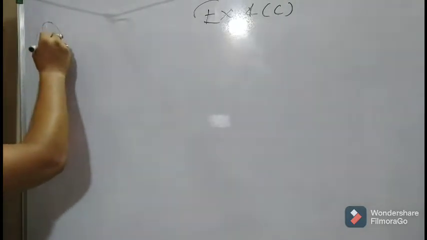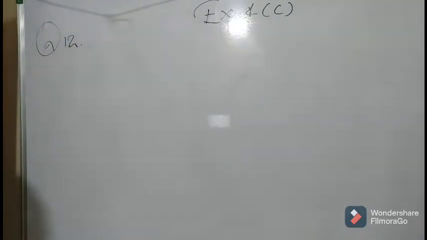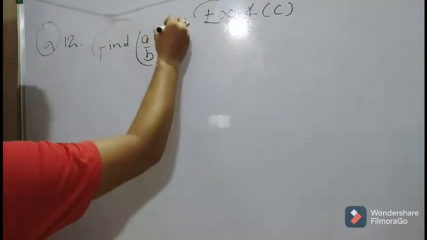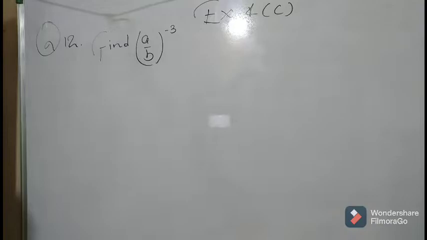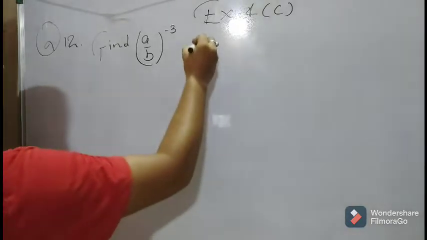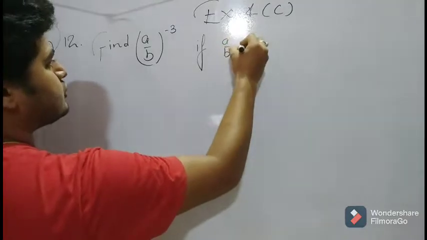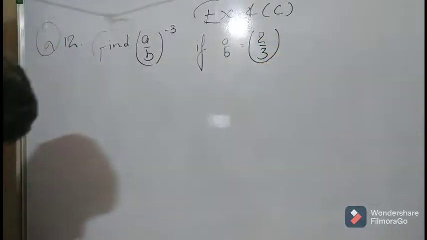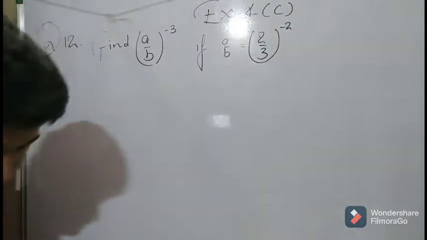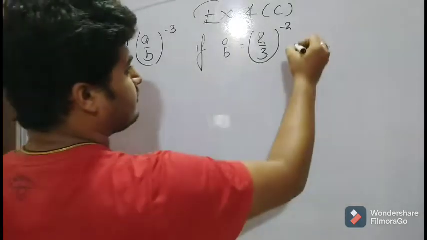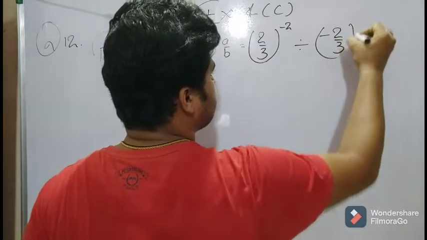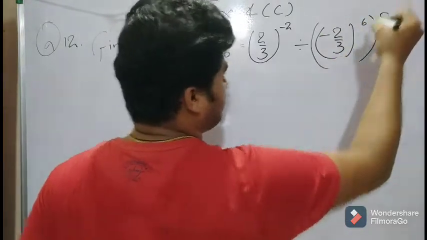Let us see question number 12. The question is: find a by b to the power minus 3, if a upon b is equal to 2 by 3 raised to the power minus 2, divided by minus 2 by 3 raised to the power 6, raised to the power 0.